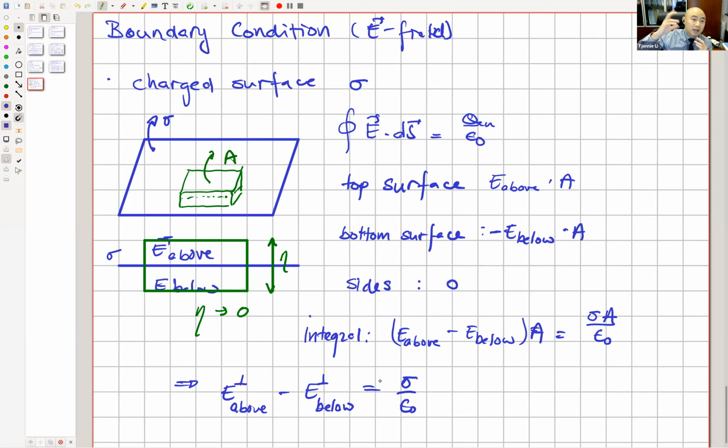And so I can specify what the electric field is below and what it is above, and we show that there is some discontinuity in the electric field. And the discontinuity is proportional to exactly what the surface charge density is.